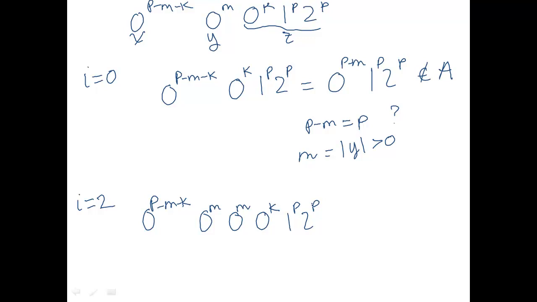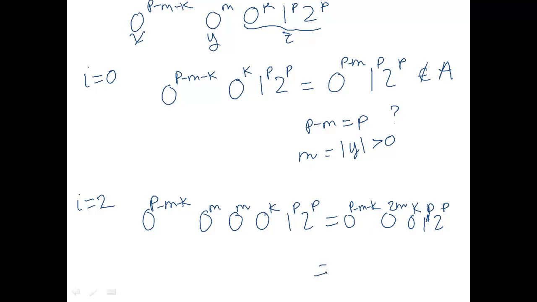Okay, so what is this really? This is equal to 0 to the p minus m minus k, 0 to the 2m, I'm doing this long, 0 to the k, 1 to the p, 2 to the p. And then what is that?